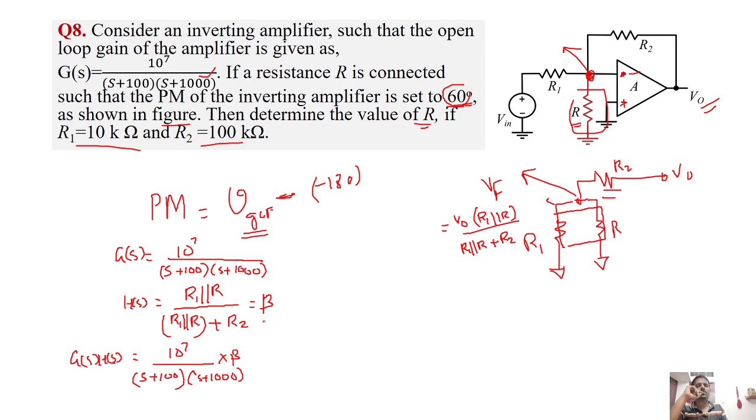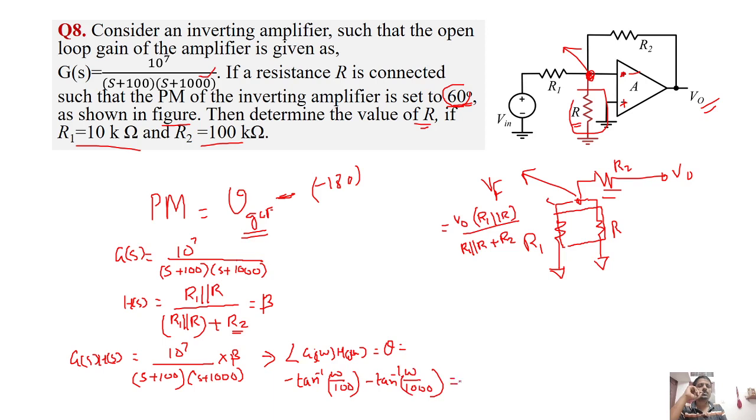We can see here all the components connected here are resistances, so beta is frequency independent. So the angle of G of j omega H of j omega, that is theta, is given as minus tan inverse of omega by 100 minus tan inverse of omega by 1000.